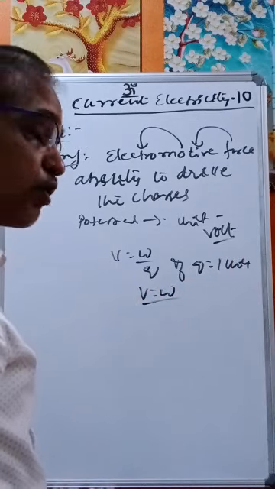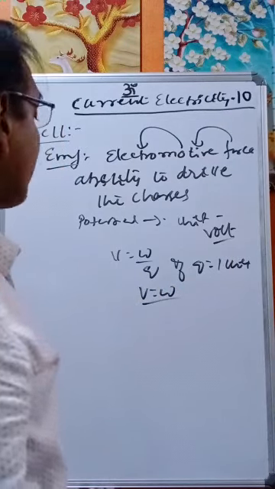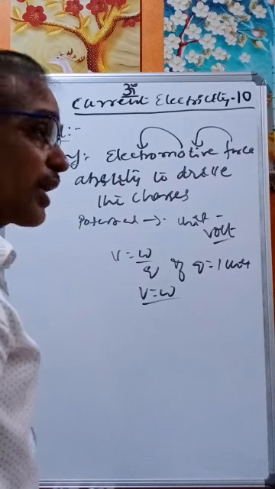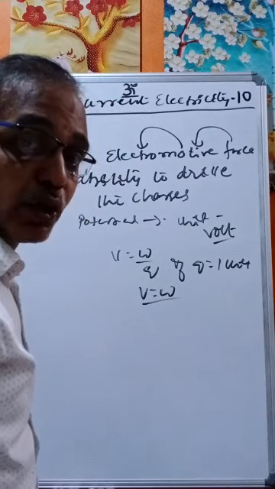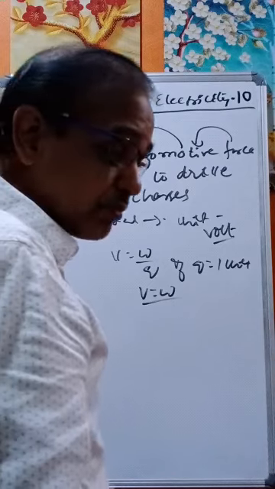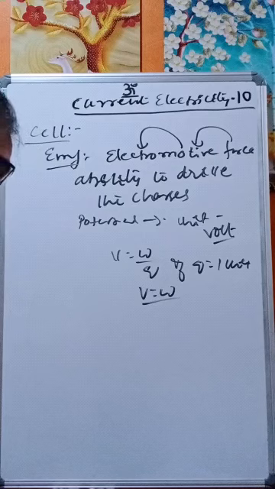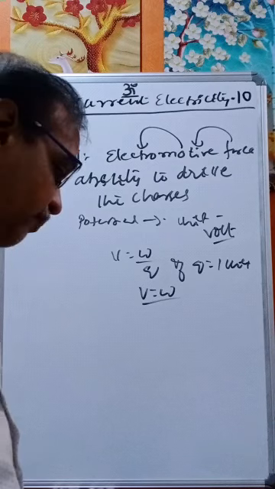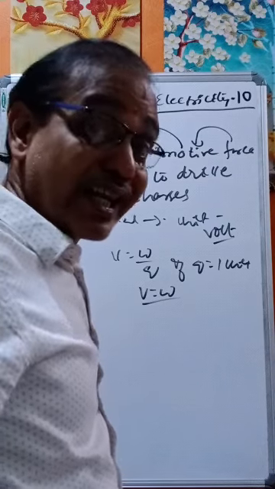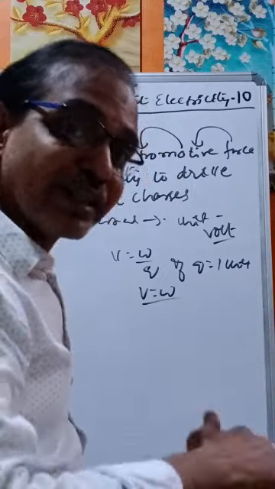Then we can define the EMF as the amount of work done in moving the unit positive charge in the circuit, through the cell itself also, including the cell.